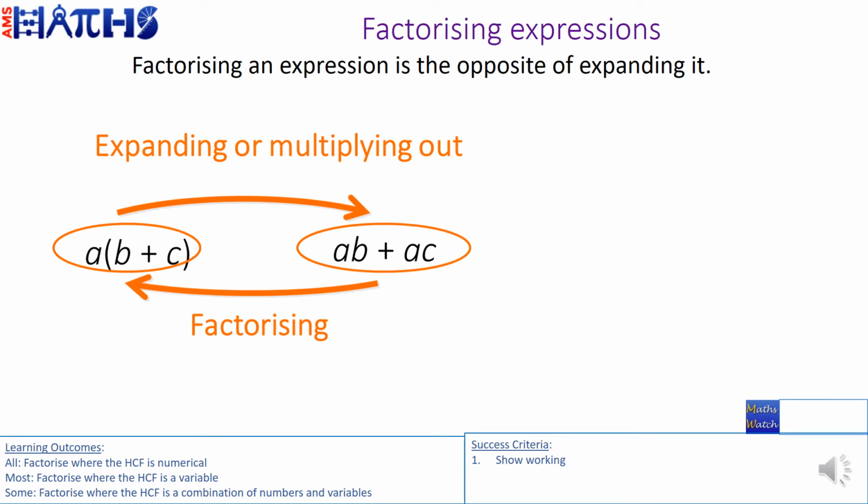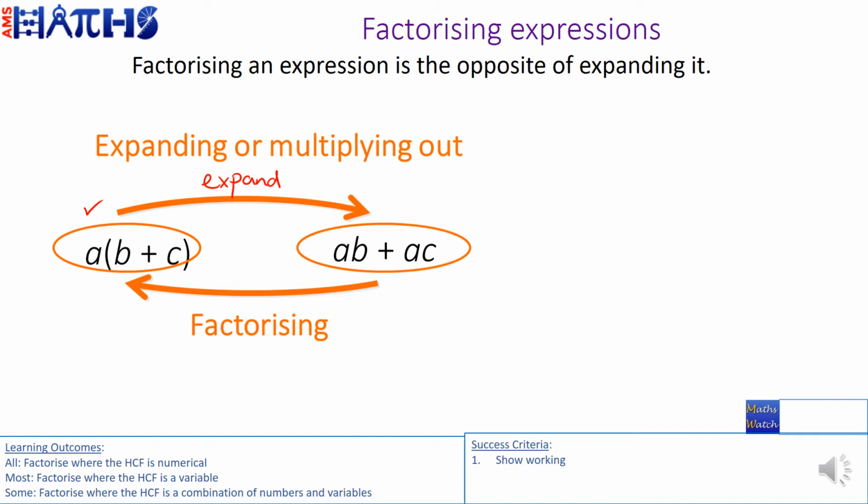So, when we factorize an expression, we need to bear in mind that it is the opposite of expanding a bracket, alright? So if we look at this bracket question here, where we have a bracket b plus c, if we expand it, we will be going along this arrow to get rid of the brackets.